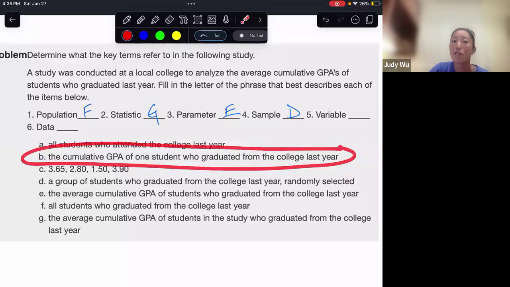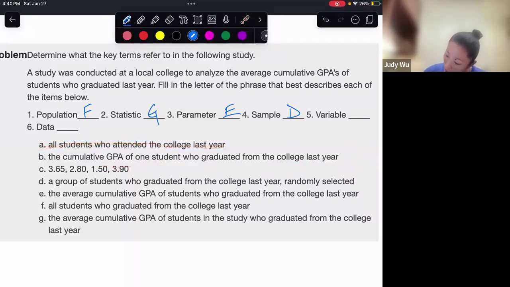So we're not looking for the average; what we want to know is each person's cumulative GPA. If we have that, then we can average them together for our sample and use that to talk about our population. So our variable, the thing that we are collecting information on, is B, the cumulative GPA of one student who graduated from college last year.